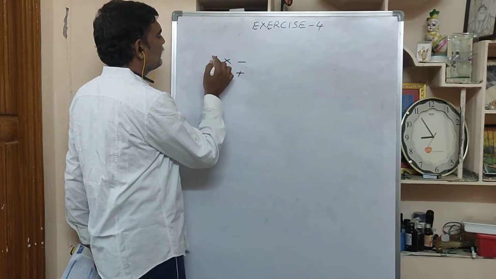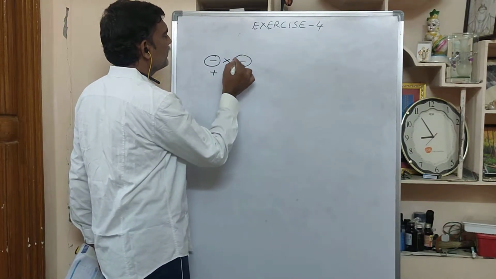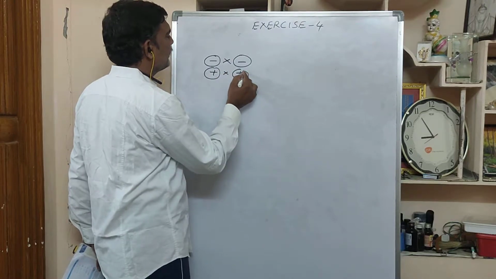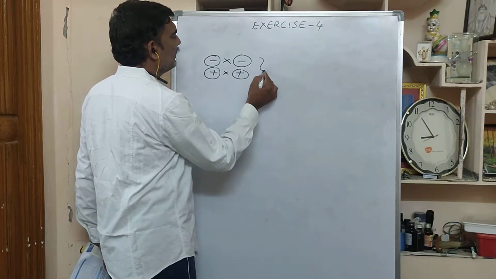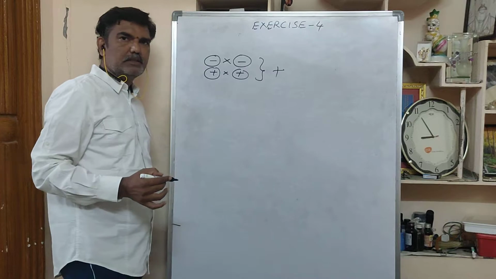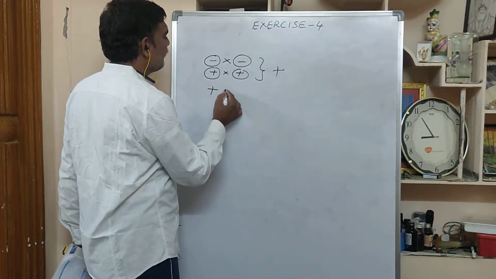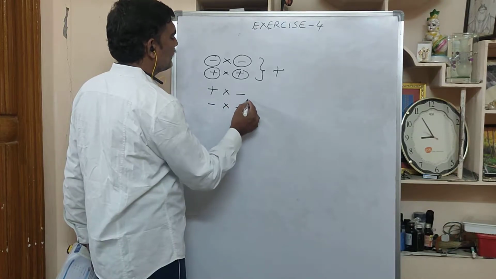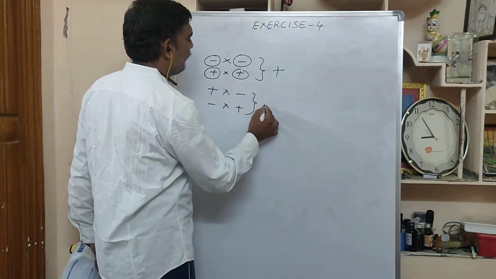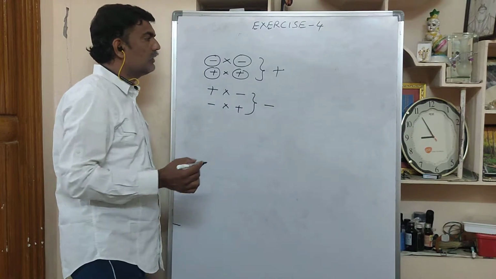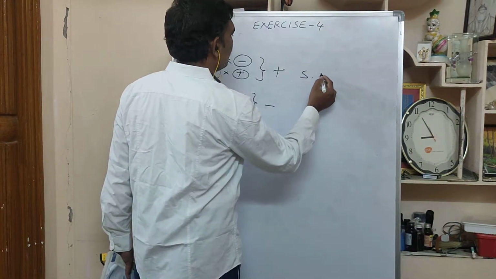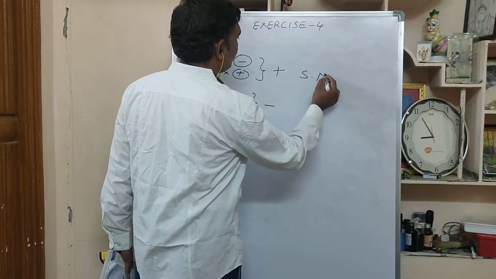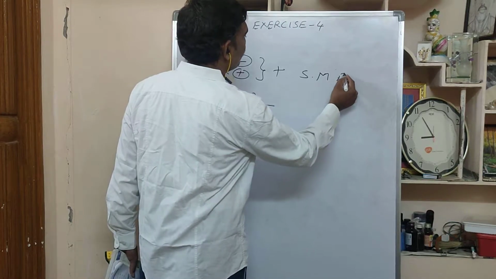So same symbols, minus minus or plus plus, if you multiply, the answer will be positive, plus. Different symbols, plus into minus or minus into plus, if you multiply, you are getting minus. Same symbols, multiplication, positive.